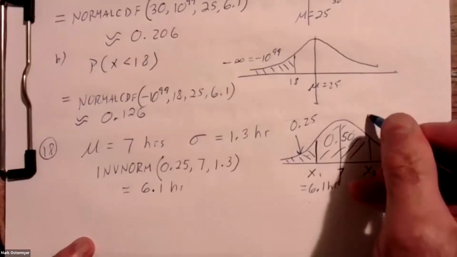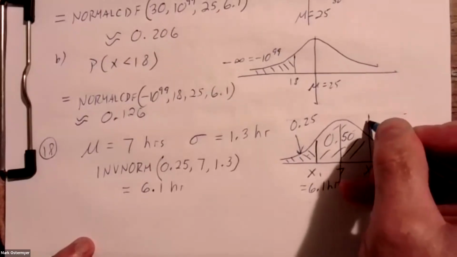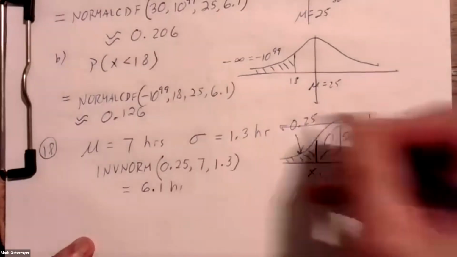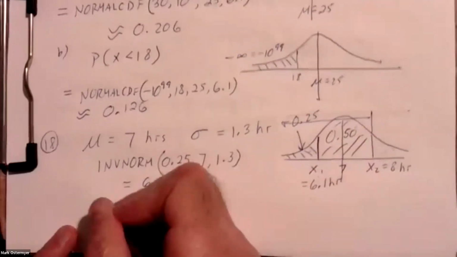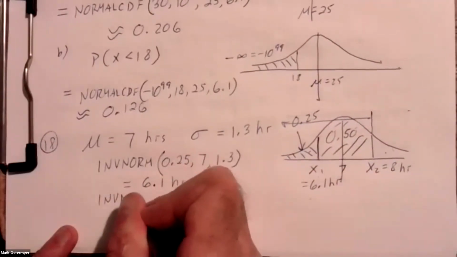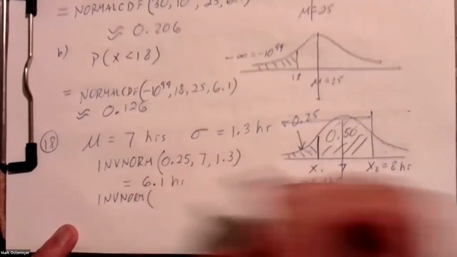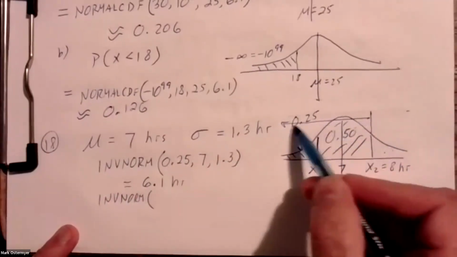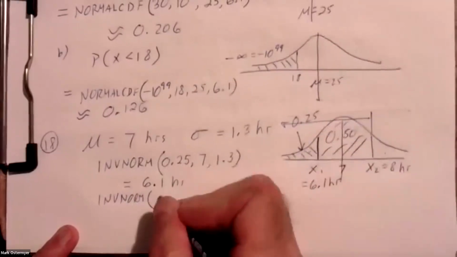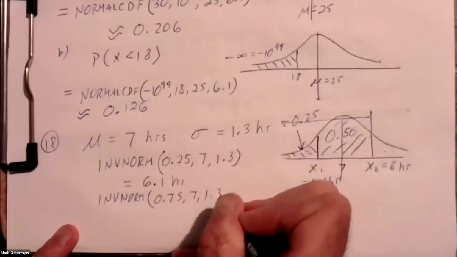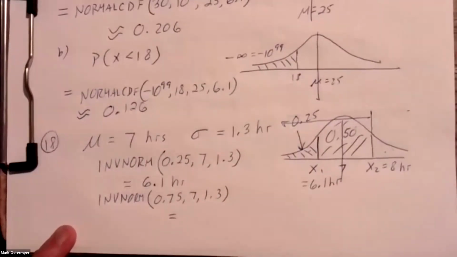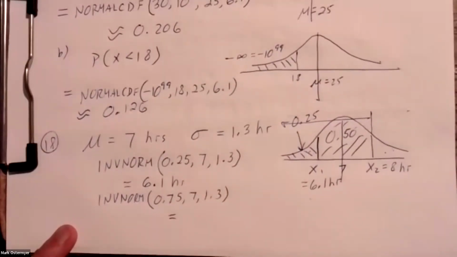If you want to be more exact in finding x sub 2, you would have the area below x sub 2 as being 50% plus 25%, or 75%. So you use the inverse norm function and type in the area to the left of x sub 2, which is 0.75. And we can find that value exactly here.